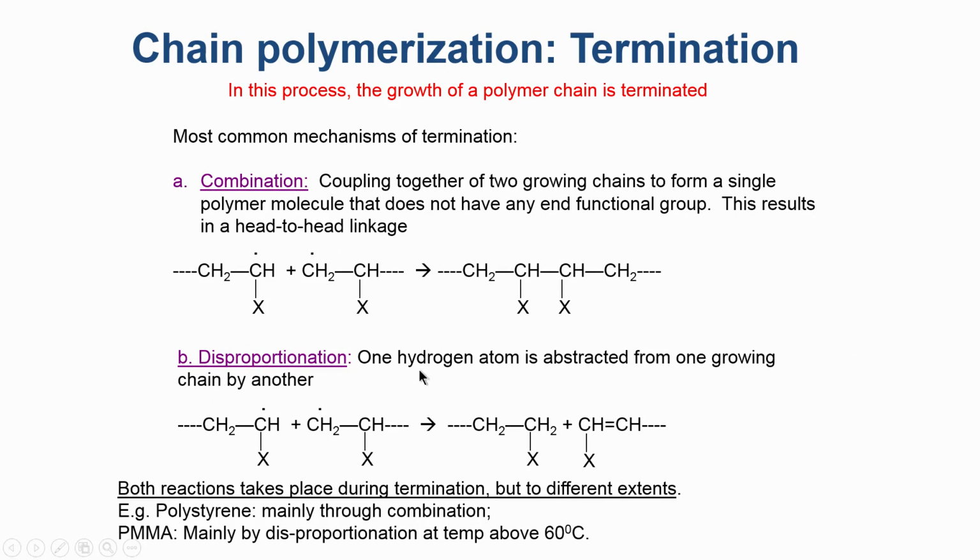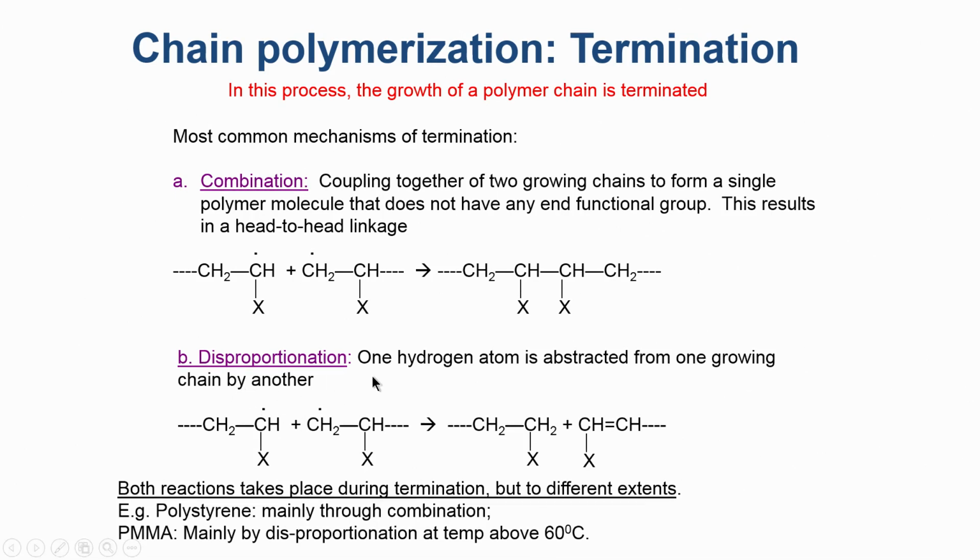And another is sometimes disproportionation, where instead of reacting, one of the active sites takes up the electron from another active site and does not really combine with the growing polymer, but still results in depletion of the reactive sites, resulting in loss of the polymerization. So this is called disproportionation.